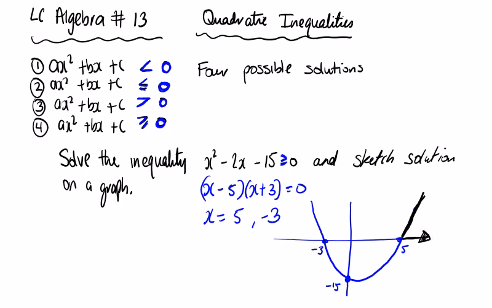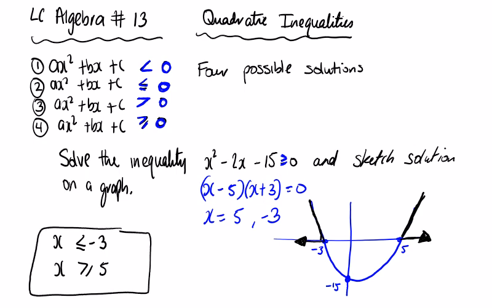And it's also along this black line where it's going in this direction above the x-axis. So my solutions are when x is less than or equal to minus 3, and when x is greater than or equal to 5. So I have two solutions to this quadratic inequality.